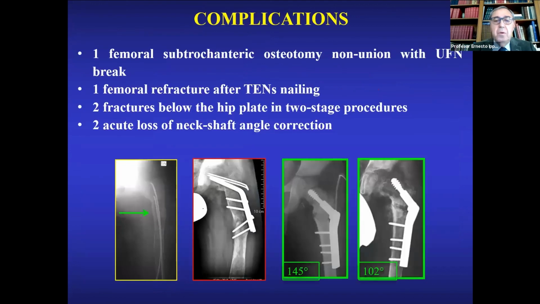And this is the list of complications. We had one femoral subtrochanteric osteotomy non-union with nail break, one femoral refracture after titanium elastic nailing, two fractures below the hip plate in a two-stage procedure, and two acute loss of neck shaft angle correction.